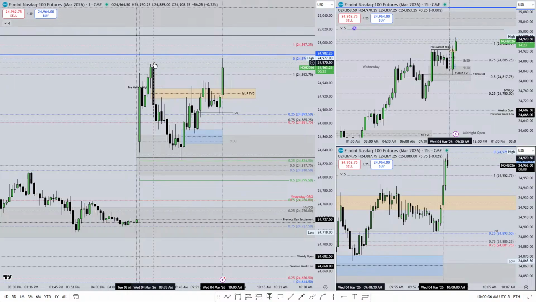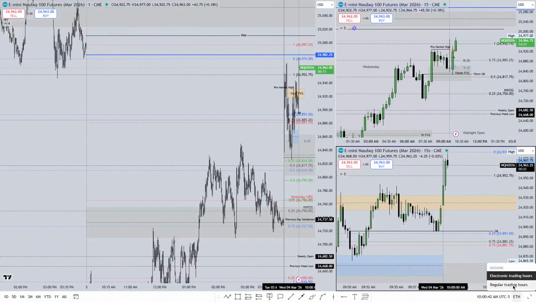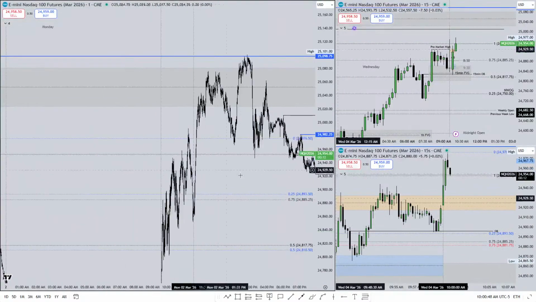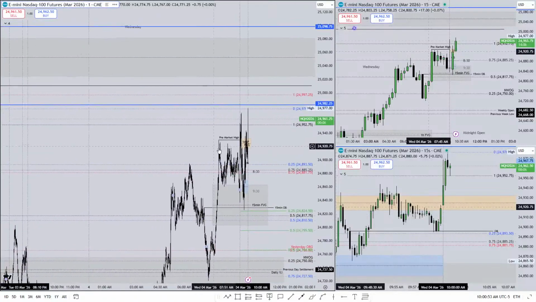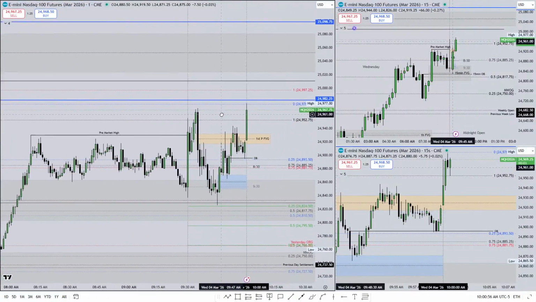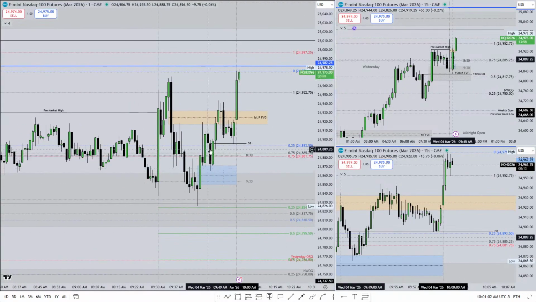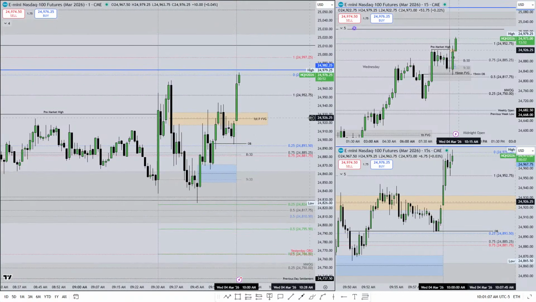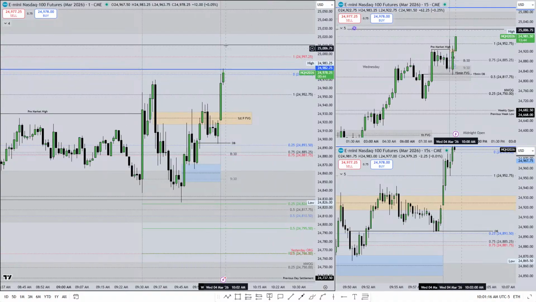There's that high. And then remember we went back and looked at these relative equal highs on the 1-minute chart over here. That's these. But yeah, that was a good order block. There's those highs that just got hit. We got previous day high up here.